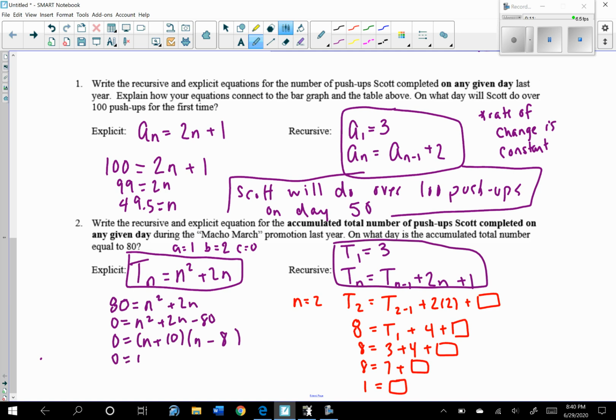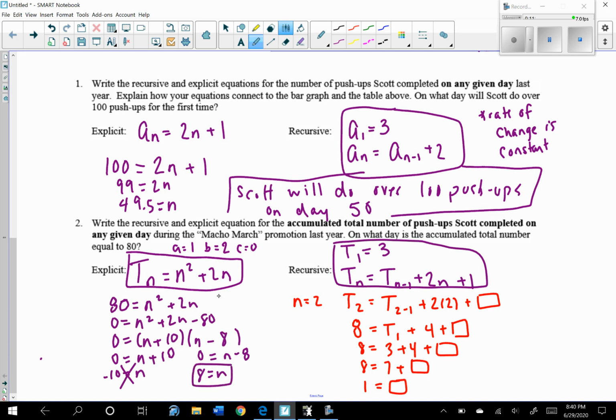So 0 equals n plus 10 and 0 equals n minus 8. So we subtract the 10, we get negative 10 equals n, and 8 equals n. So of course we can't have negative days, so that means the negative 10 is not going to work. So that means n is equal to 8.